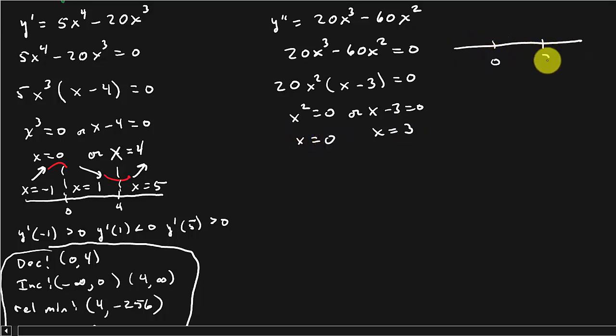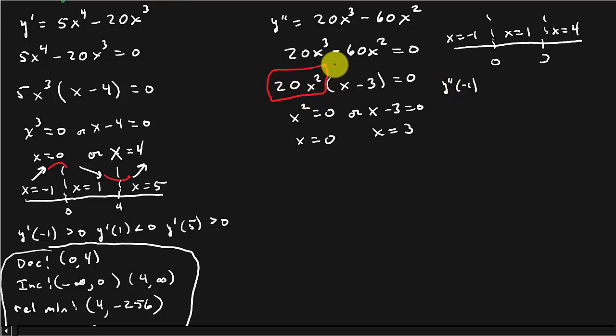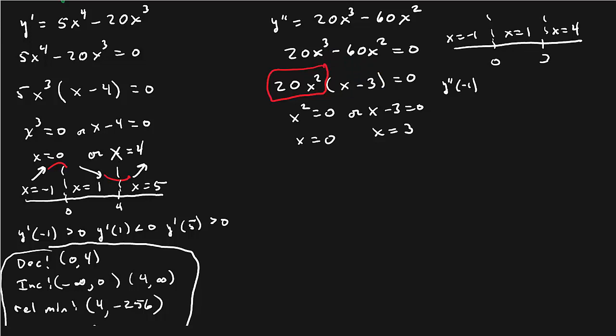We got 0, we got 3. So x equal -1, x equal 1, and x equal 4. So I've got to do y double prime of -1. So once again, make it easy on yourself. This out here, no matter what you plug in for x, that's always positive. So let's see what we get inside these parentheses here.